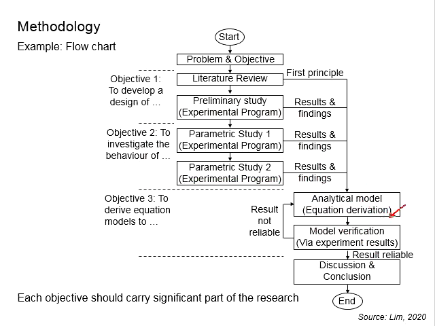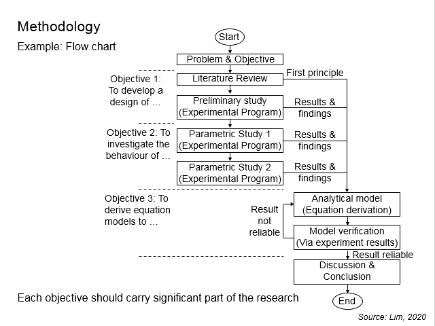There will be a predicted result from the equation model. This predicted result is later compared against the response variable acquired from parametric studies 1 and 2, which is the result of the parametric study.